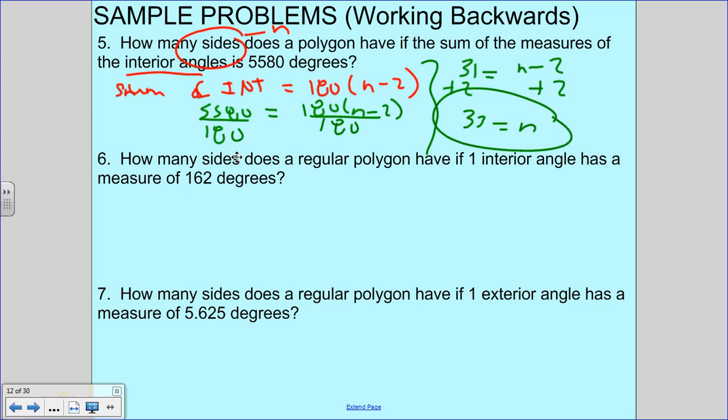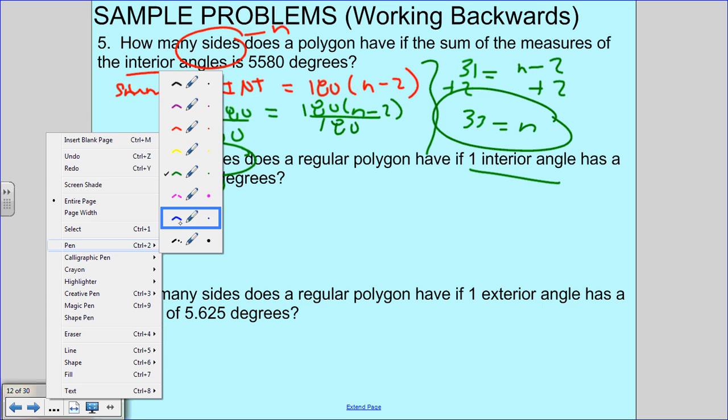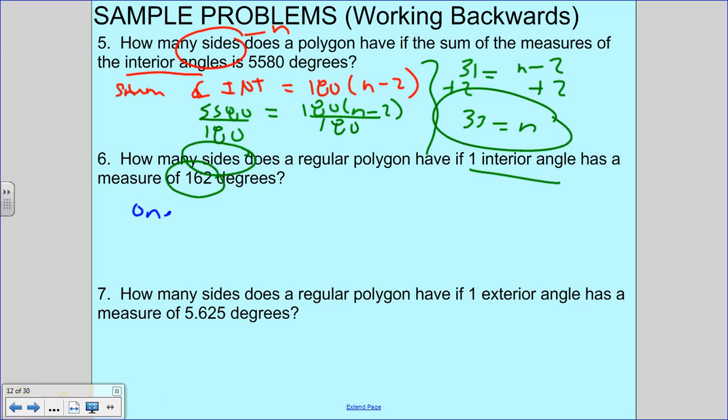Now number 6, again, it's asking for how many sides does a regular polygon have if one interior angle has a measure of 162 degrees. So this is another one where there's a lot of different ways to solve it, but I'm going to go with my first gut here. And we know that one interior angle, the formula is 180 times n minus 2 over n.